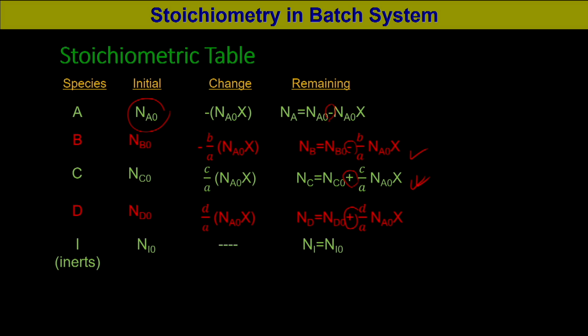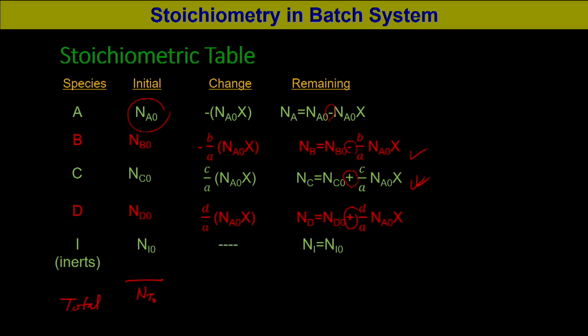Now, if we make the total, this would be Nt naught, which we can get by adding all of them: Na naught plus Nb naught plus Nc naught plus Nd naught plus Ni naught. These are the initial amounts.